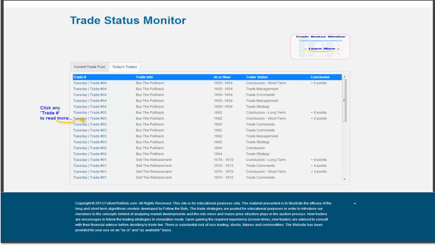The Follow the Bots website is for educational purposes, and the material that we present on the website is to illustrate the effectiveness of both the long-term and short-term algorithmic models that have been developed by Follow the Bots.